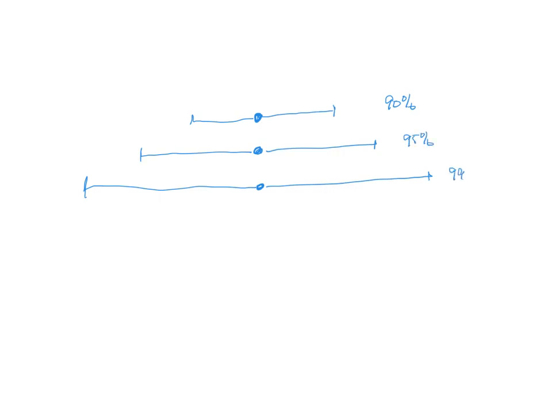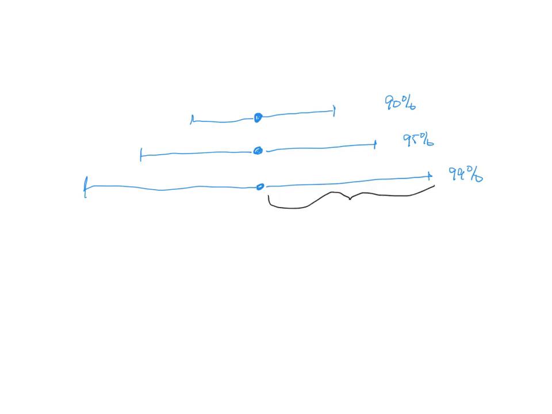And what you're going to notice is that the biggest difference between a 90% confidence interval, a 95% confidence interval, and a 99% confidence interval is the size of the margin of error.